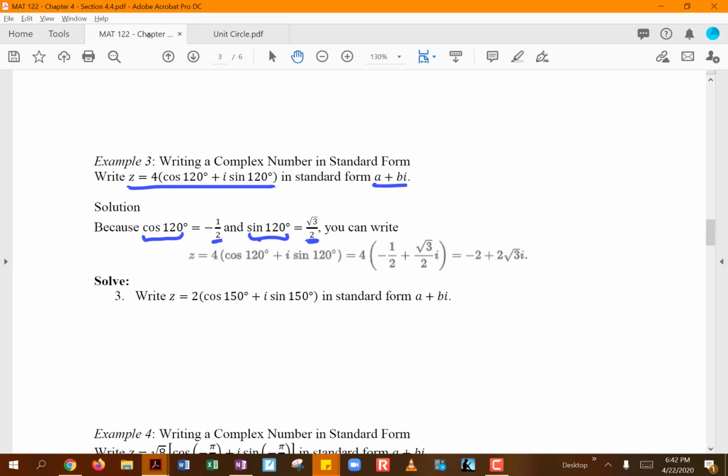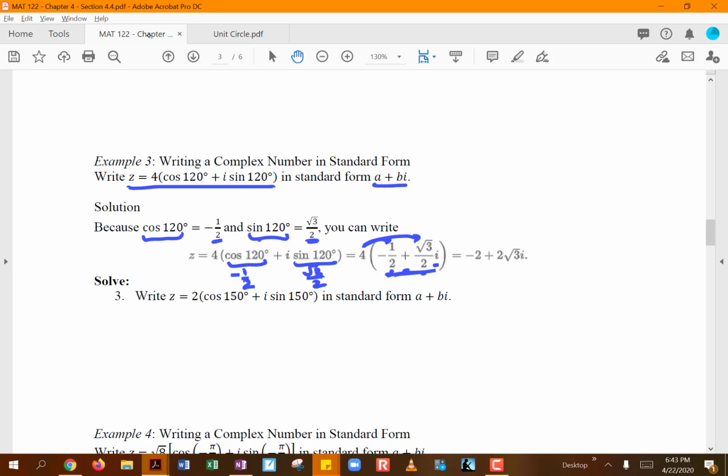And then when you go ahead and replace this with negative 1/2 and this guy here with square root of 3 over 2, so that's where we are getting negative 1/2 plus i times square root of 3 over 2. And then what happens is once you rewrite this, then distribute that 4 inside the parentheses.